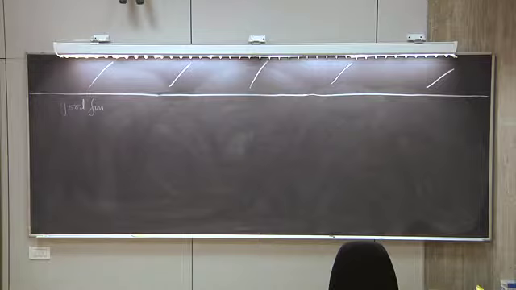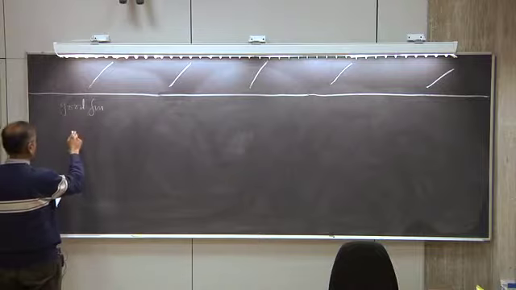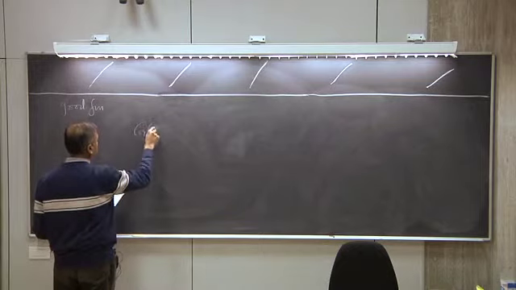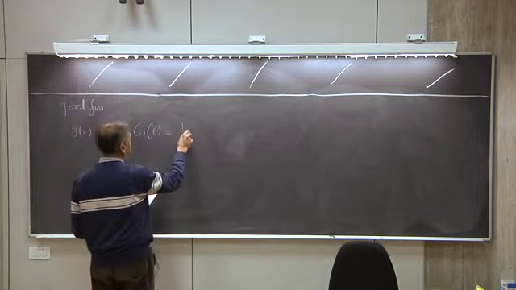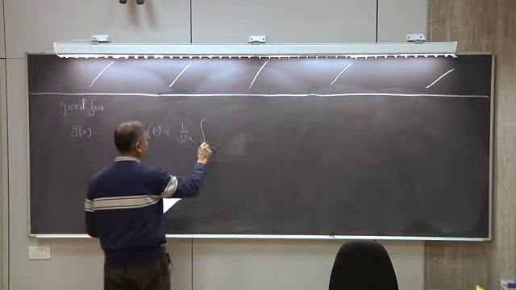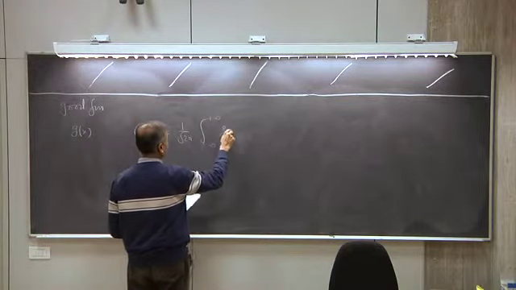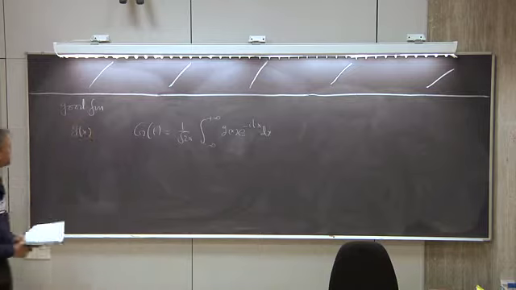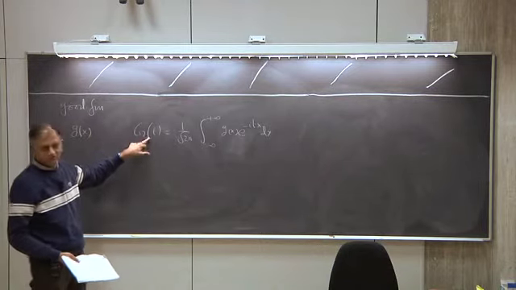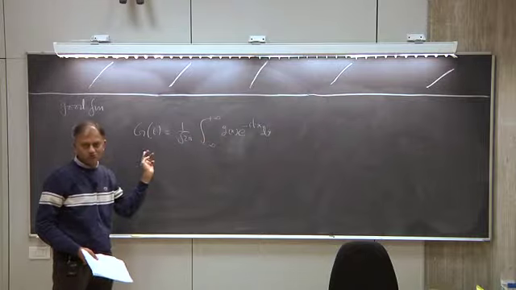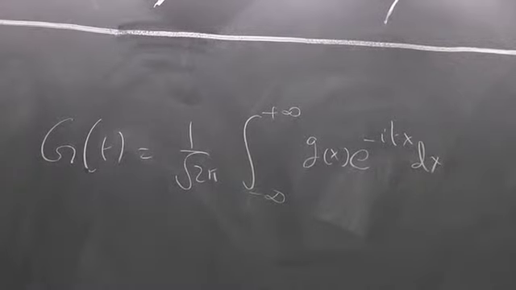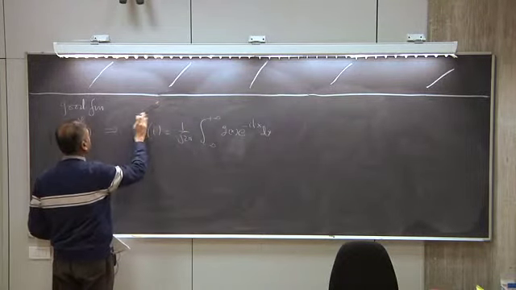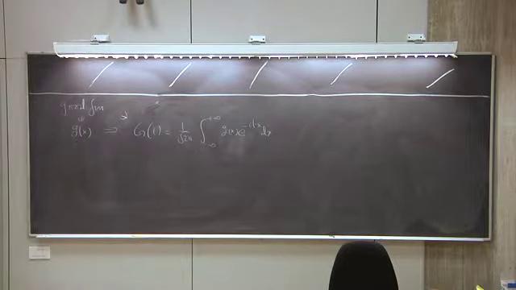So suppose g is a good function, and you look at the Fourier transform G of t, which is 1 over root 2 pi times the integral of g(x) e^{-itx} dx. If g(x) is a good function, then this Fourier transform of g(x) is also a good function. This belongs to the good functions.